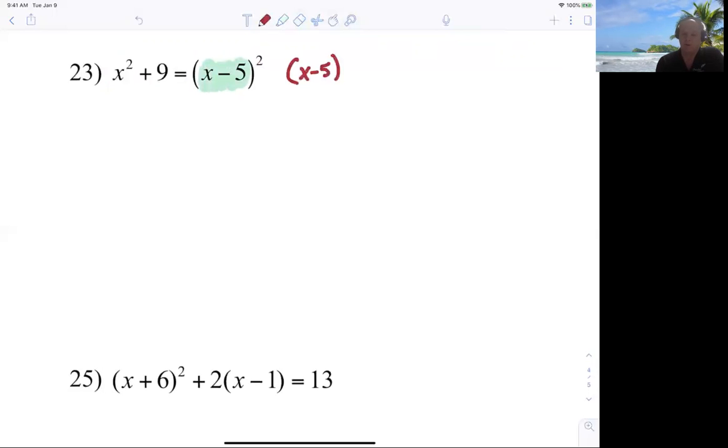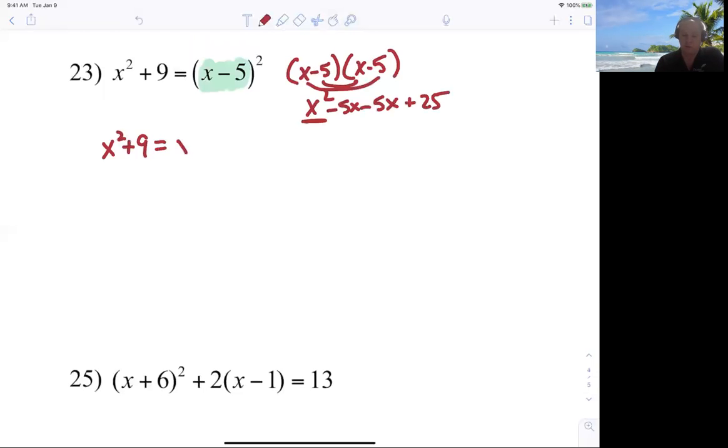X minus 5 times x minus 5: x squared, negative 5x, negative 5x, and then plus 25. So this is x squared plus 9 equals x squared negative 10x and plus 25.